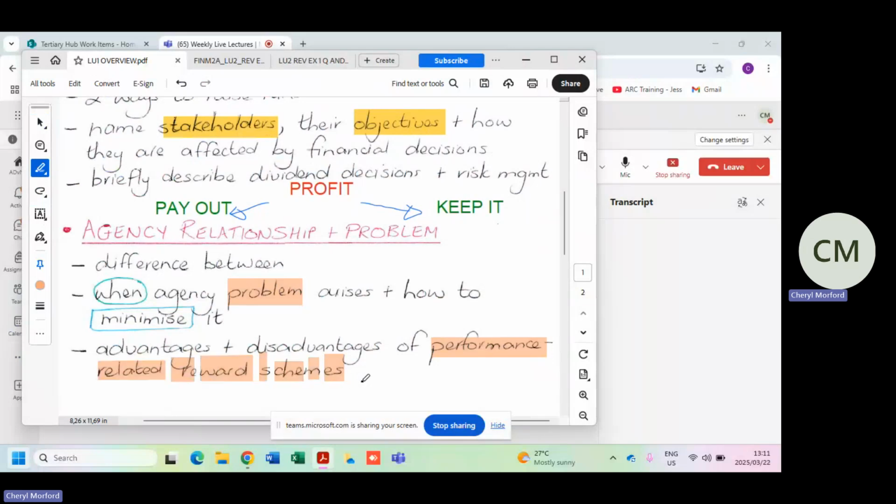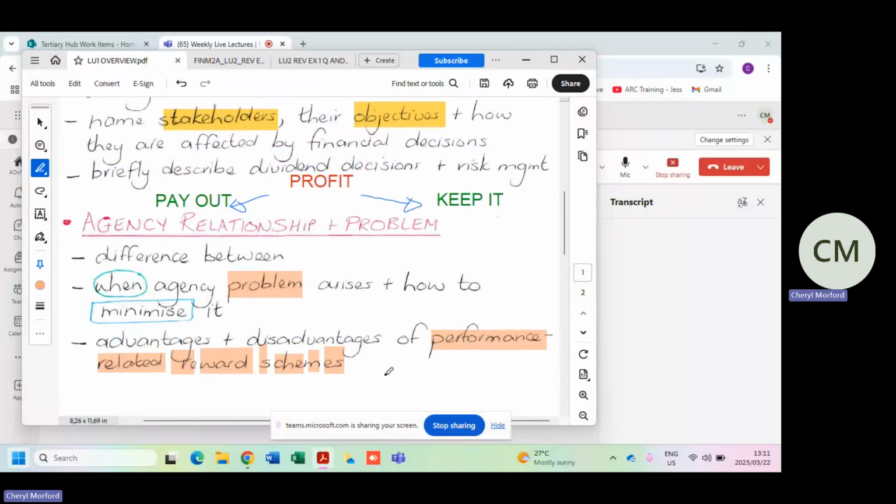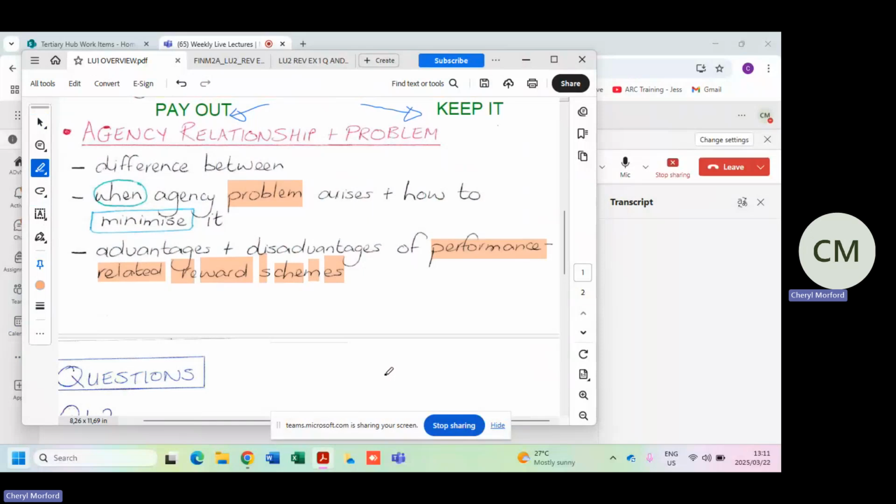And what do you need to know there? Examples of them and how they work, at least 2, and to be able to discuss the advantages and the disadvantages of them. So that is basically Learning Unit 1 in a nutshell.